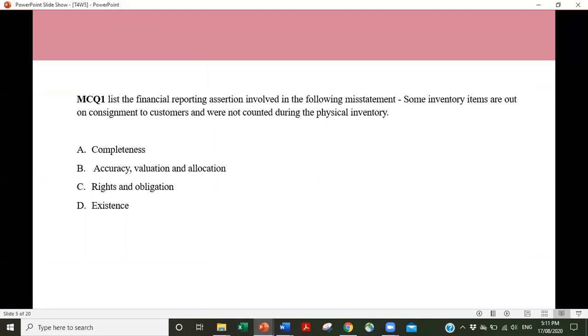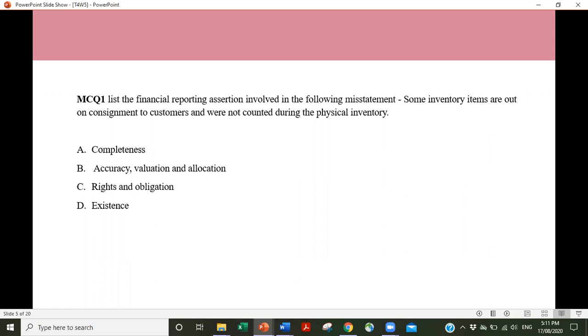So if that's the case, what we're talking about there is the management assertions of completeness, accuracy, valuation and allocation, rights and obligations, and existence. Now these are outlined on page 141.